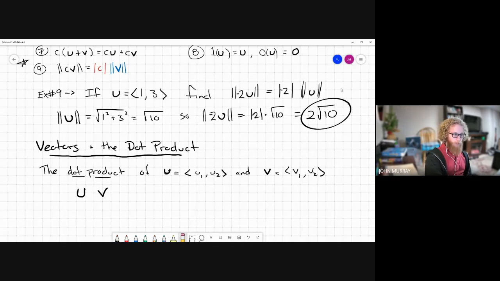Let me just make that a little cleaner. Yeah, nice thick. U dot v. Right, and so that is going to be a single number.